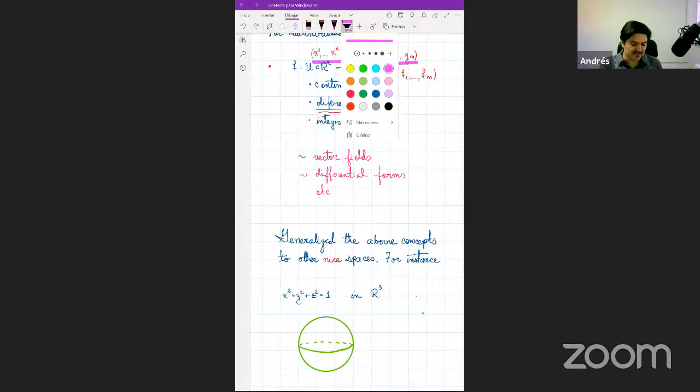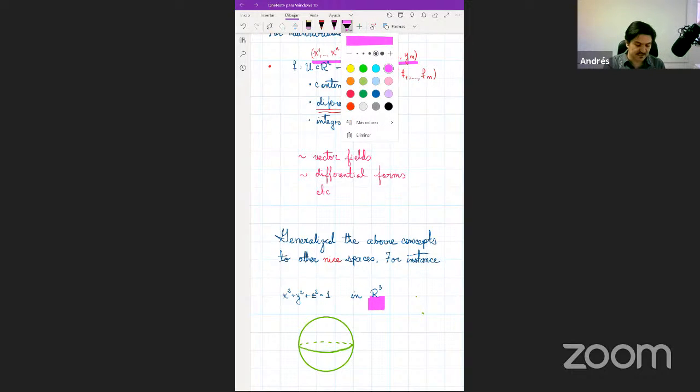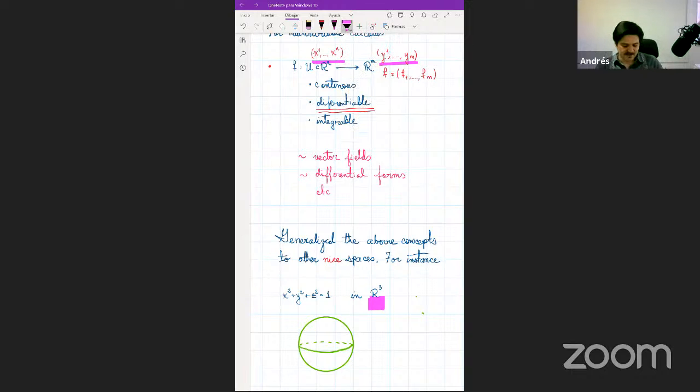So this is a subset in R3, okay? So we have a subset in R3, and now as a subset, this lies in here. Is it closed, open, or none of the above?